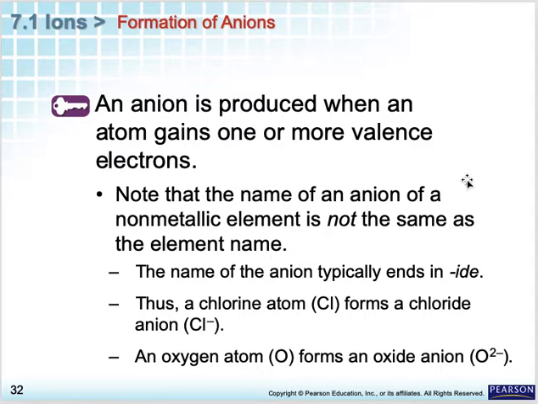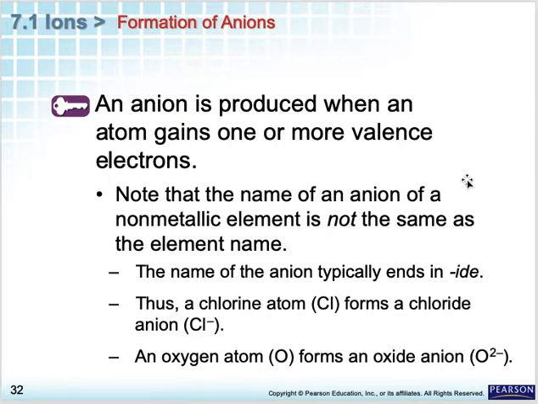However, when we name it, we change the ending. For nonmetallic elements, or nonmetals, we change the ending to IDE. When I see IDE, I know that you're telling me it's negative. So chlorine would become chloride. Oxygen would become oxide, even though they do not have the same charge.